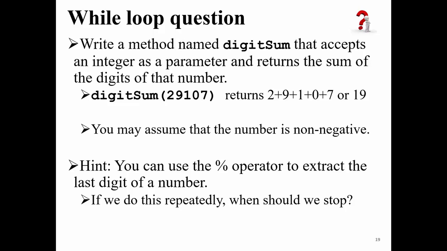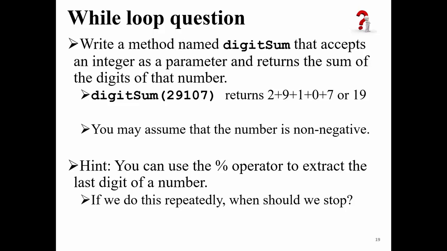How can we handle this? We have to take each digit separately and add them. So we're going to do 7 plus 0 plus 1 plus 9 plus 2, and the total is 19. This is how we're going to return the result. We assume that the integer is non-negative, and there is a hint.